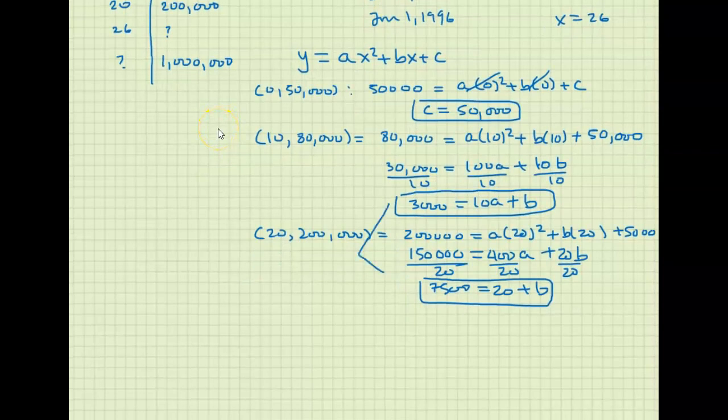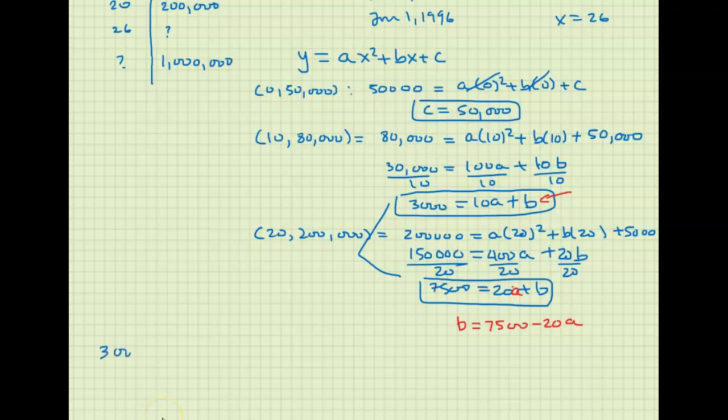We can pair these up because they both have b in it. Alright, we can solve for b here. So b is going to be 7,500 minus 20a, and then plug it into b here. Okay, so we have 3,000 equals 10a plus 7,500 minus 20a.